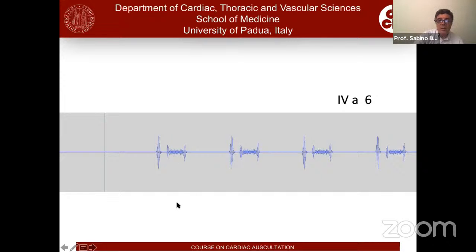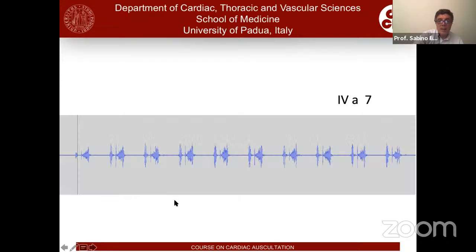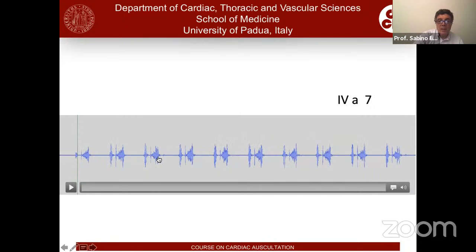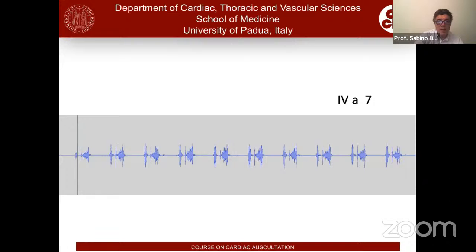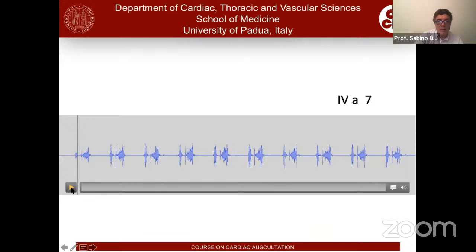It can occur, like in this case, that the murmur is confined to late systole and is in crescendo, increasing in shape and in intensity throughout its length.